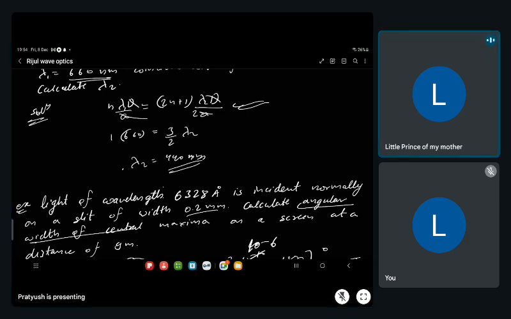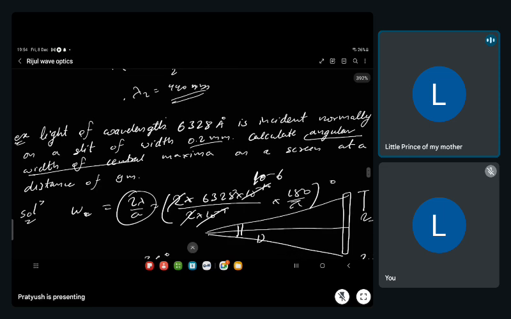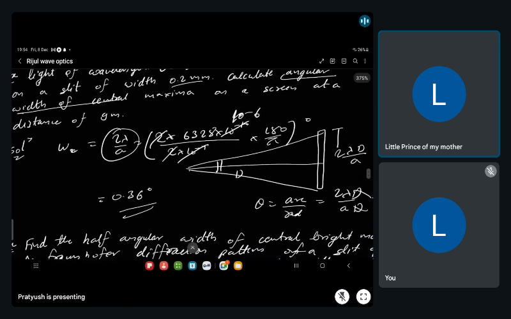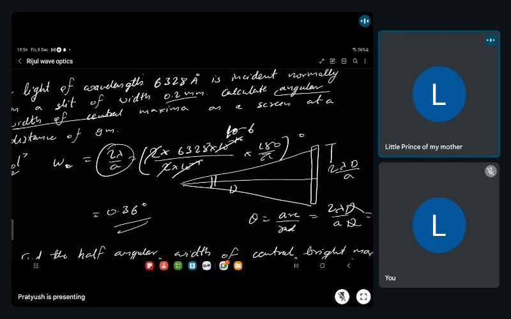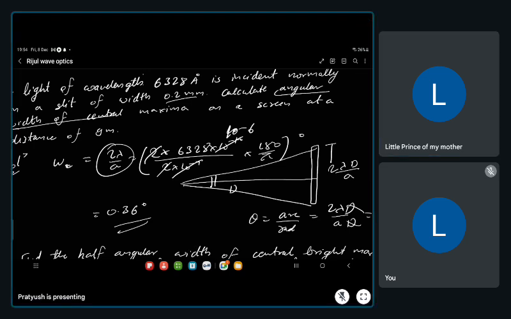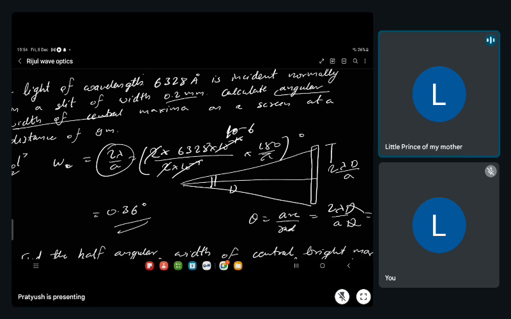So we can say 0.36 degrees is the answer. See, nothing you need to do in this question. Just put all the things in the formula, that's it. We know the width of central bright is 2 lambda by A. So what will be the angle? It comes to about 0.36 degrees. That is the answer. Fine.